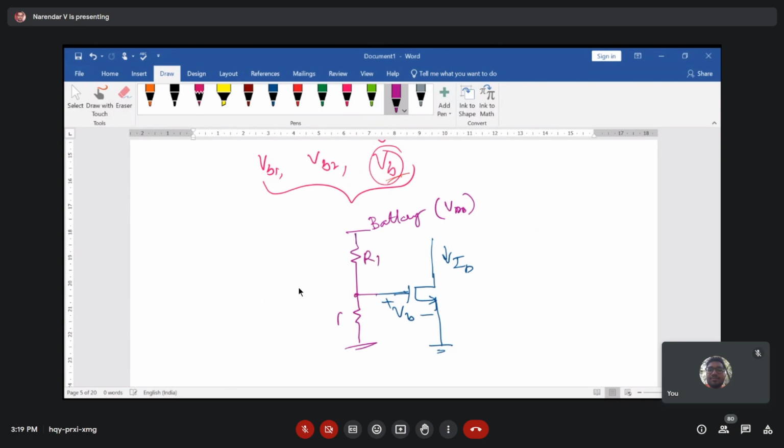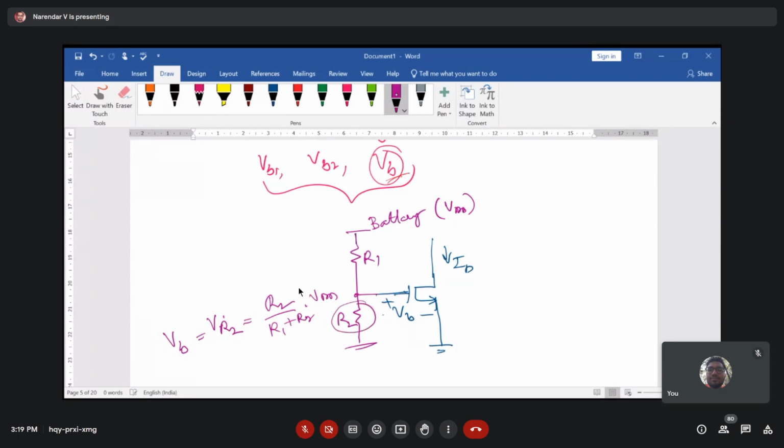So this is R1 and this is our R2. The voltage across R2, which is R2 divided by R1 plus R2 times VDD, is your VB voltage.